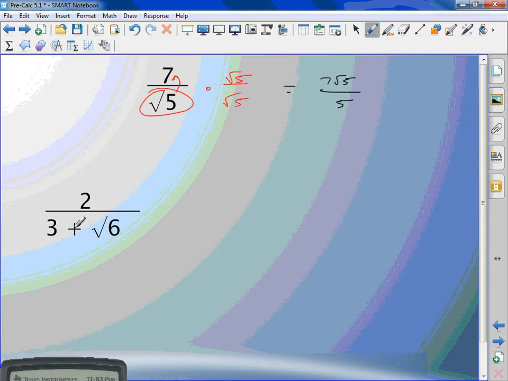This one down here, I have 2 over 3 plus the square root of 6. I need to get rid of that plus square root of 6. So I multiply by 3 minus square root of 6.